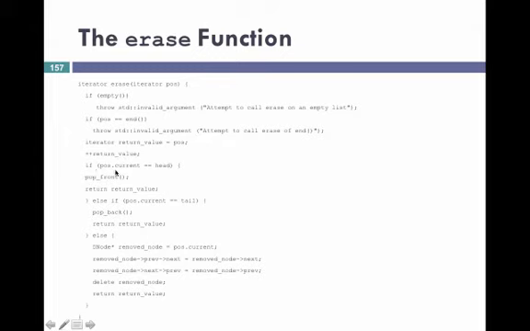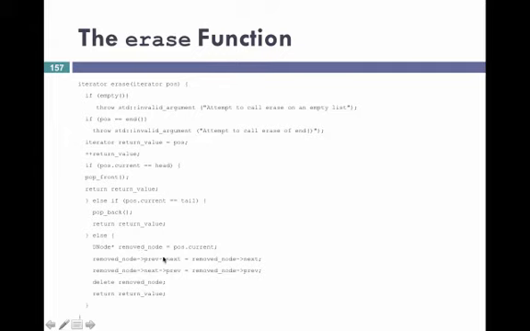And we say if position.current is the head, then we pop the front and return this iterator that points to the next item in the list. Otherwise, if the position current is equal to the tail, we'll pop the back and return the return value.